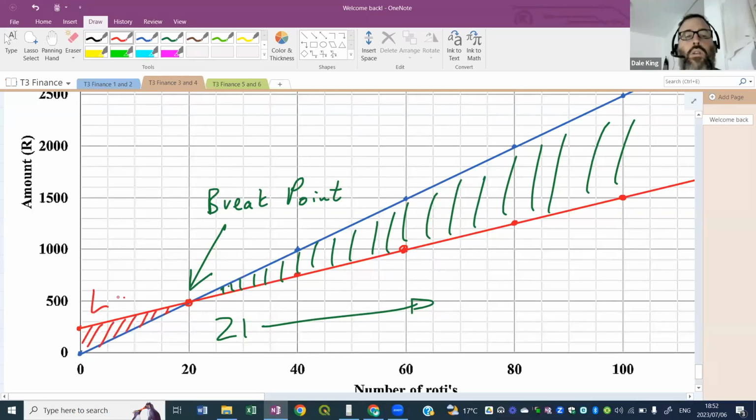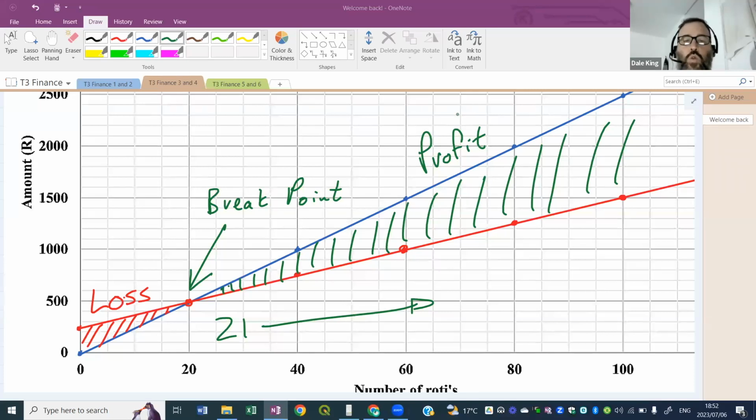So all this on the left is loss, and all this on the right is profit. On 20, there we go. So Katlego was showing a rand value. You have to sell 21 and you get 262 rand 50, and then they'll start making some profit. Profit on the right, loss on the left, break even where they're the same in the middle.